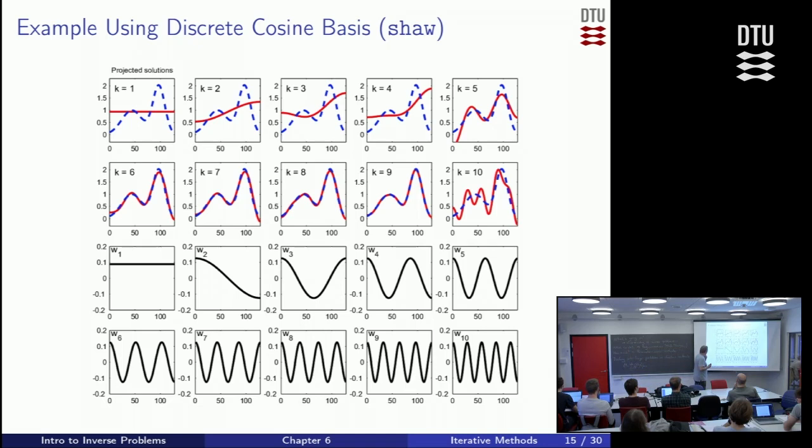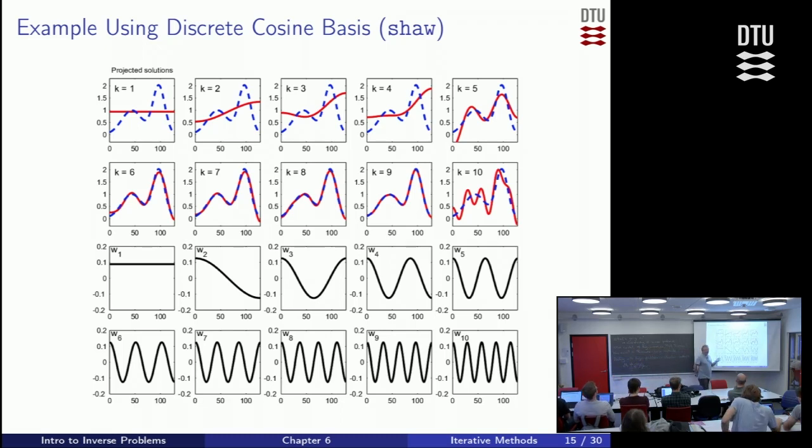At the bottom, I have just plotted these discrete cosine vectors, just so you can see what they look like. And of course, they do form a spectral basis with more and more oscillations as the index increases. Okay. So if we look at the top again.